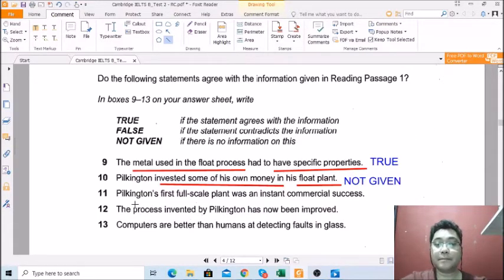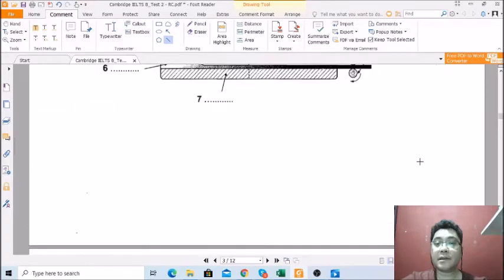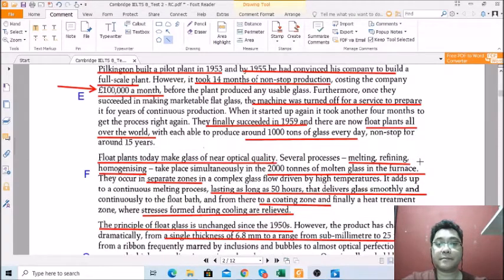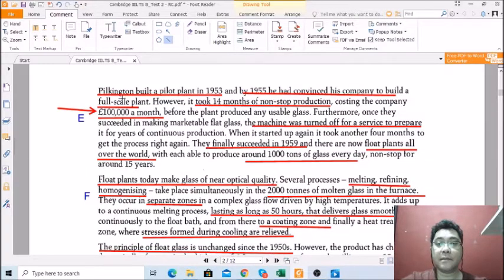Now 11, Pilkington's first full-scale plant was an instant commercial success. Here, full-scale plant, which is the first, an instant commercial success. Then let's see what happened in the paragraph. Pilkington built a pilot plant project in 1953.